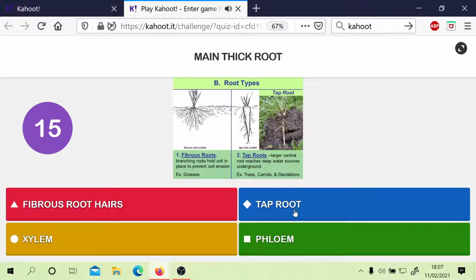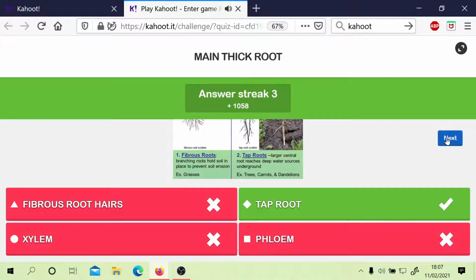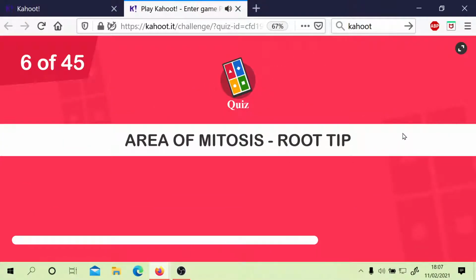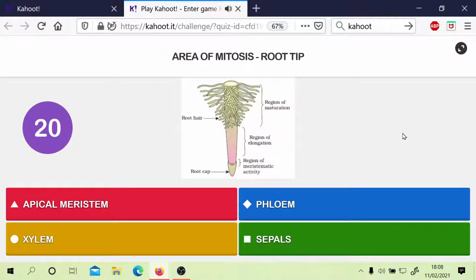I don't like the way it's telling me the answers, but in a way I don't mind it too much. It's kind of funny. These are good pictures.